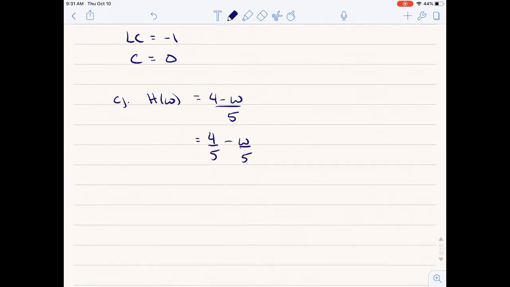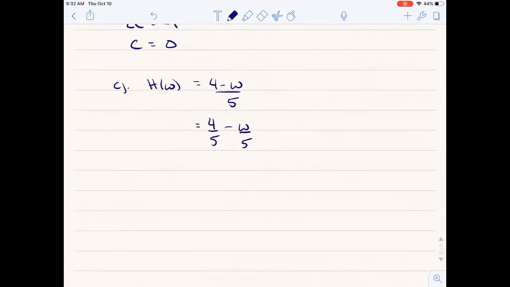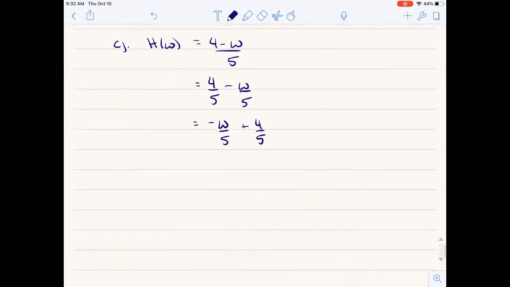And then I want to have my powers of w decreasing, so I'm going to rewrite this as negative w over 5 plus 4 over 5. Here, I can identify that my degree is 1, right? My highest power of w is 1.